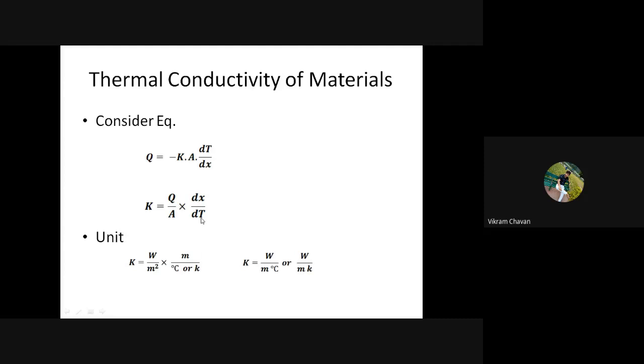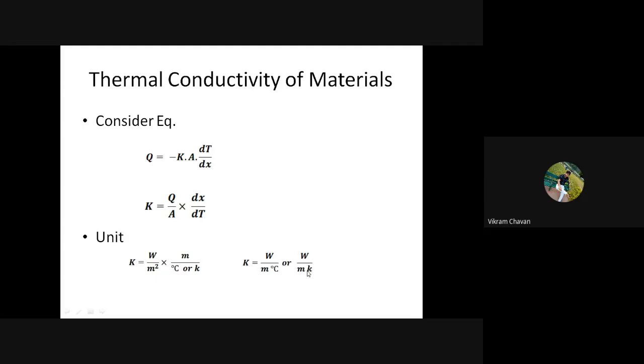For the change in temperature, we can use degree Celsius or degree Kelvin. So our unit will be watt per meter degree Celsius or watt per meter degree Kelvin.